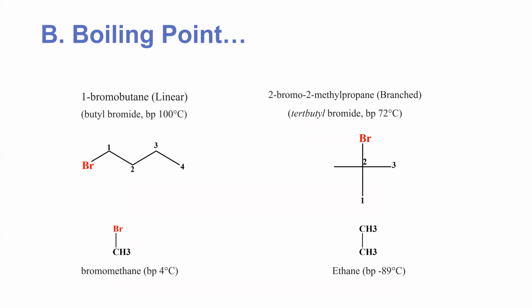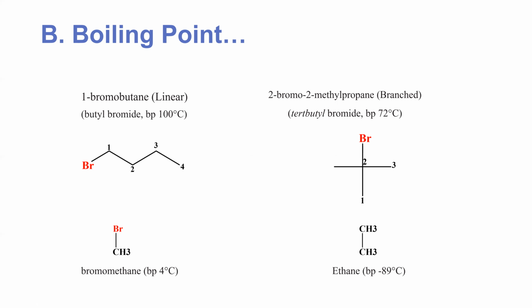Now, for your understanding, here we can see the examples. One is 1-bromobutane, another one is 2-bromo-2-methylpropane. This first case is basically the comparison between a linear and a branched structure. Here the same thing applies as we have seen in the hydrocarbons: a linear unbranched compound has a higher boiling point as compared to the branched one.